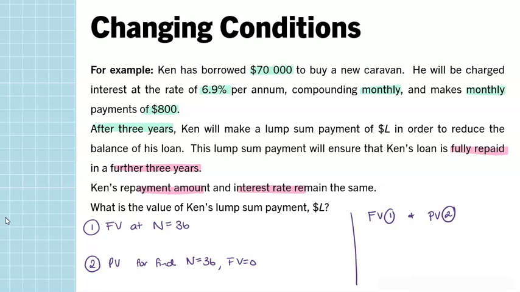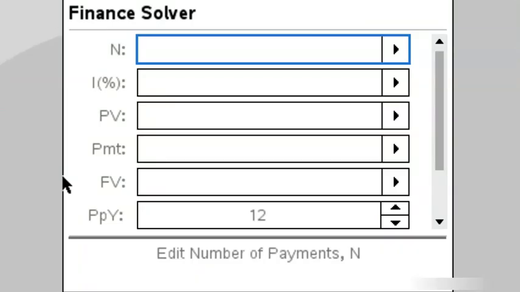So 2 steps of calculations using Finance Solver to allow us to find that lump sum payment. Okay, so step 1, future value with initial conditions.